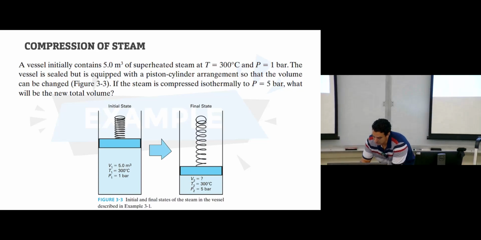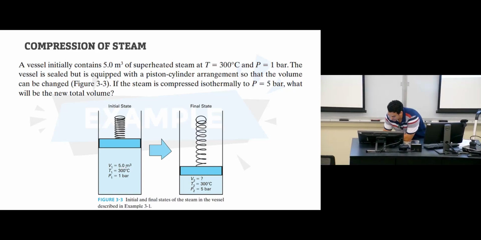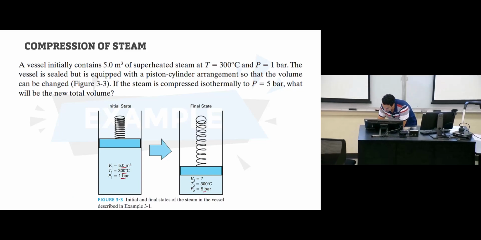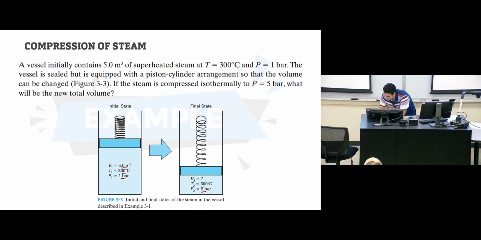So we have steam inside this system, the initial volume is 5 meter cube, the temperature is 300, and we have this pressure, then the pressure changes to 5 bar at the same temperature. The temperature remains constant. So you need to find the new volume. In order to solve this one, this is a closed system. There is no mass exchange between the system and surrounding.